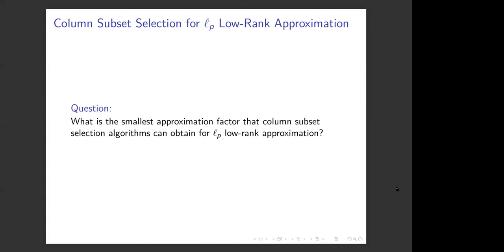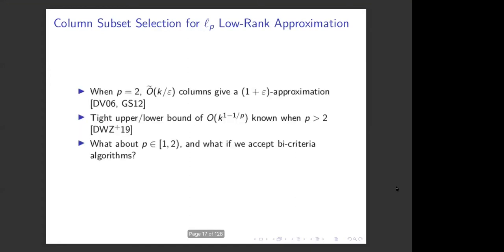Instead of the L1 norm, a more general problem is if you measure the distance in the Lp norm, so the sum of the p-th powers of the absolute values rather than the sum of the absolute values. So for Lp low rank approximation, how does column subset selection perform?